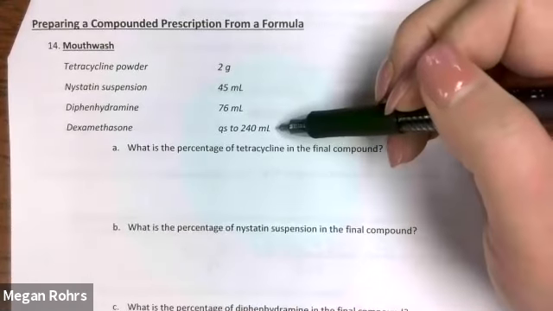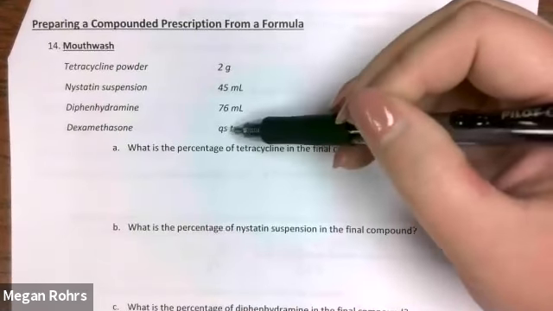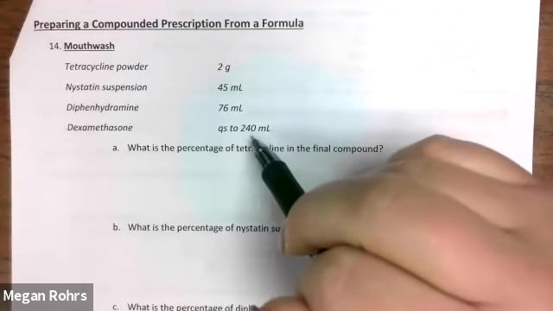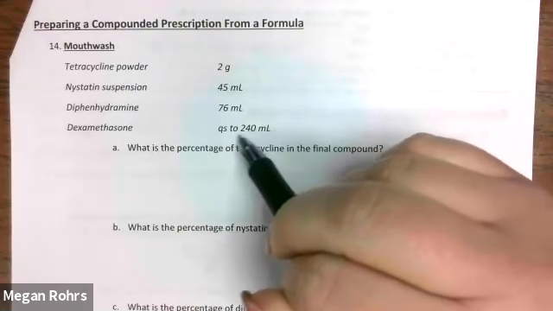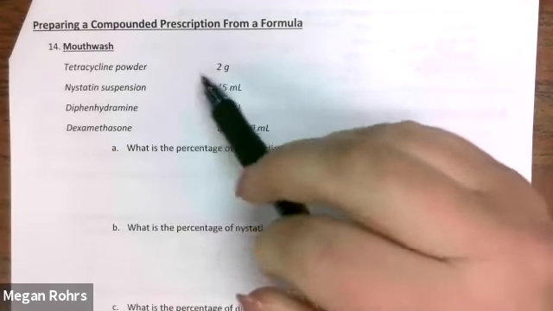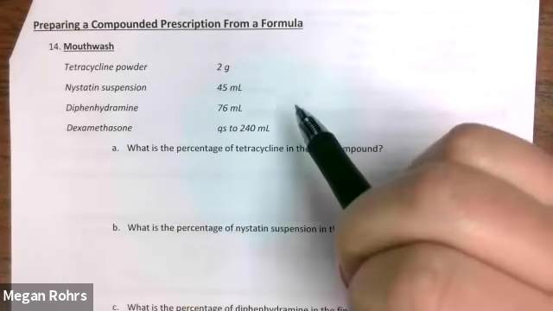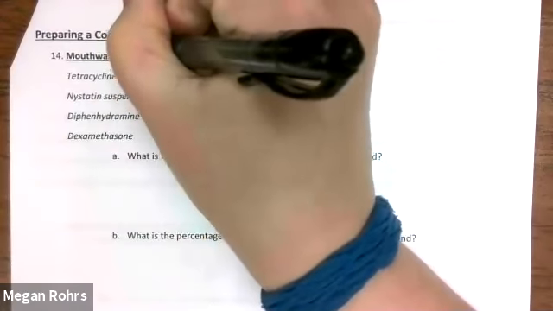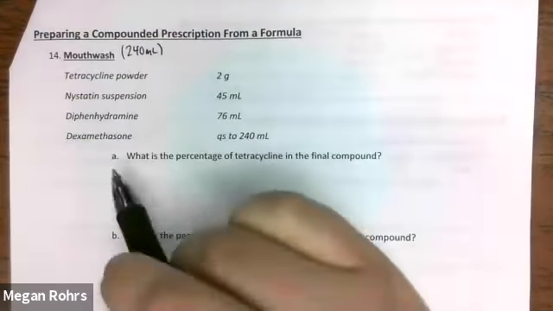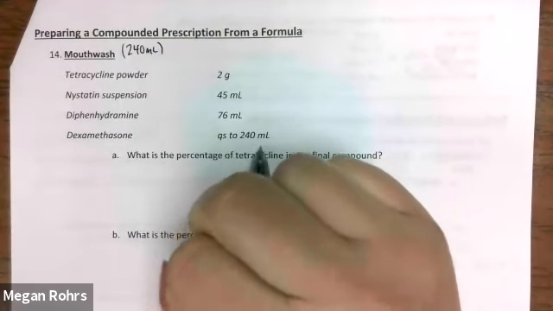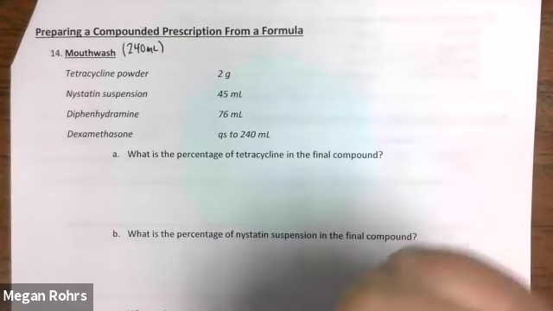So that's why we're going to QS, or basically add enough dexamethasone at the end to get us up to 240 mils, which would be the final volume of this mouthwash compound. So anytime you see a recipe with QS to whatever volume, that will be your final volume.